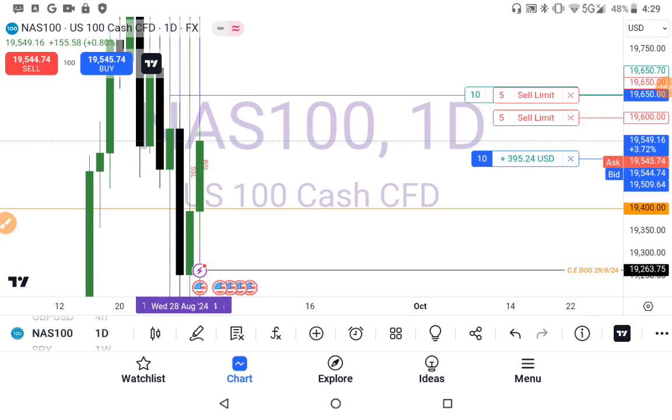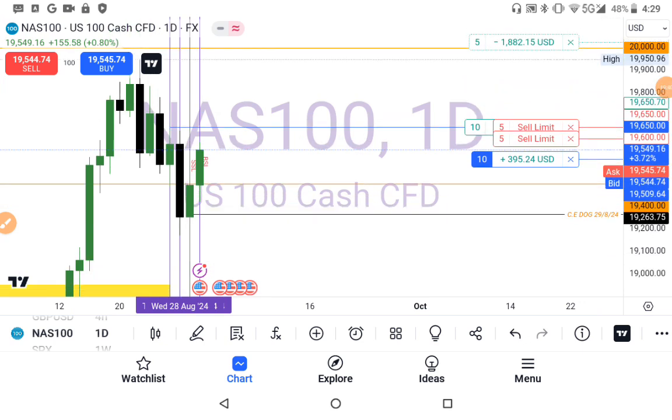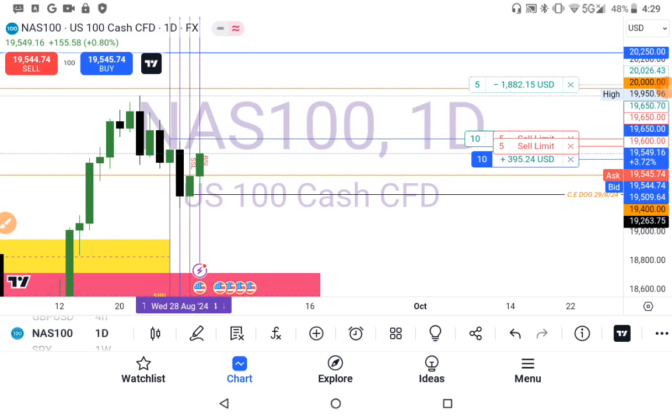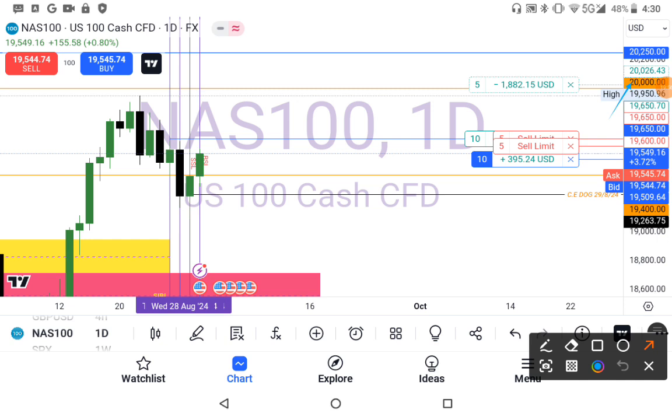On Nasdaq, I was interested in 20,000, where I have my TP close to that level. I have my TP at 19,650.